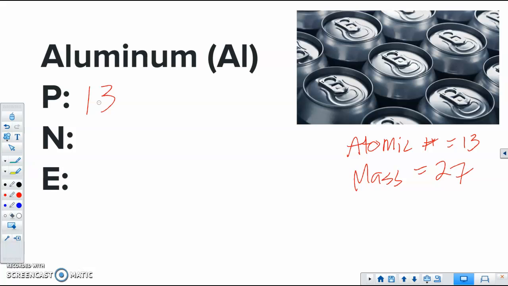And actually, we can go ahead and fill that in for electrons too, because protons and electrons are always going to be balanced. Neutrons is the tricky one. Let's take the mass, 27. We're going to subtract however many protons are in the nucleus, so 13. 27 minus 13 gives us 14. So we'll have 14 neutrons in the nucleus.